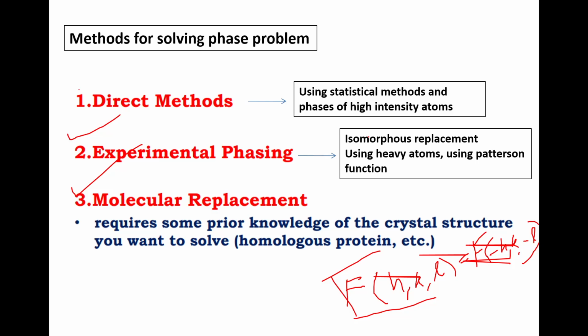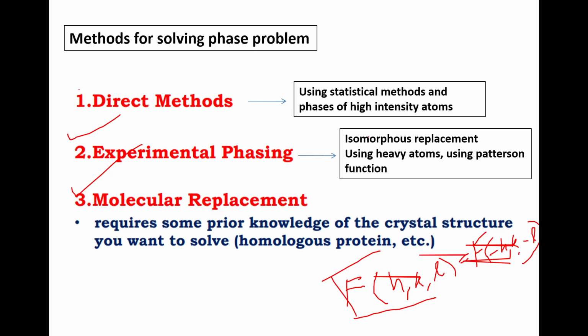We are working with another protein which, when compared with the protein in the database, shows more than 30% similarity. Then people use the phases of the structure already submitted, which has greater than 30% similarity with our structure, to solve the phases of our own structure.